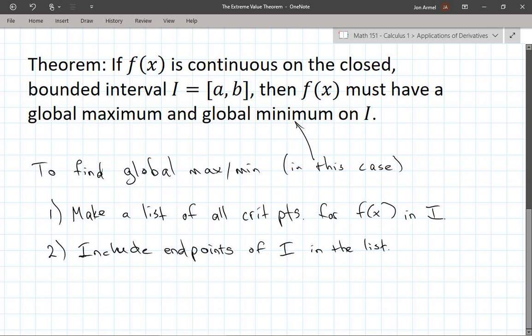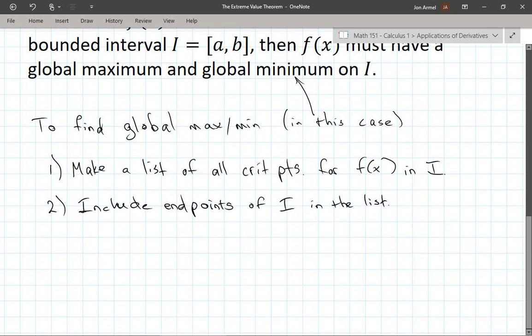Since you know you have to have a global max and min, whatever is the biggest value among the points in your list must be the max, and whatever is the smallest value among the points in your list must be the global minimum. So all we do is evaluate f of x at all the points in the list.